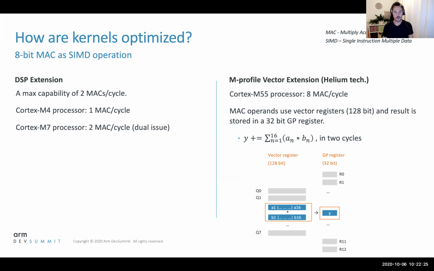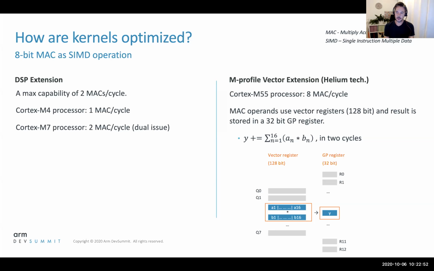One such operation is a MAC, multiply and accumulate, and neural networks just happen to have a lot of MACs. So what it means is that you can basically do a multiply and accumulate in one cycle, or even multiple MACs in one cycle.